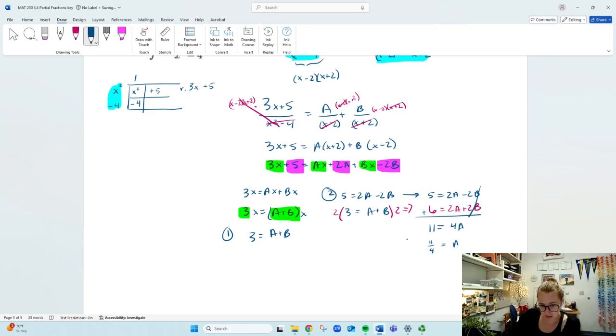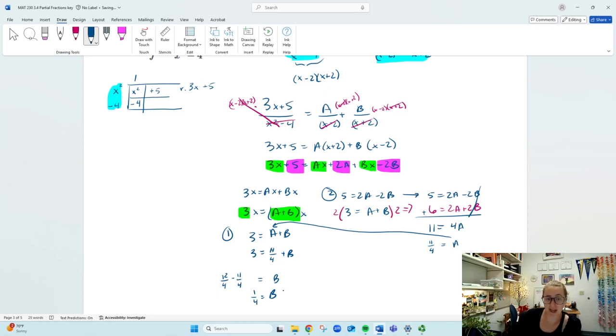Now I can re-plug that into any equation, but I'm just going to plug it into my first equation over here, 11/4 for my A. If I subtract 11/4 from 3, I will get that B is equal to 1/4, because 3 is the same thing as 12/4. So I'll have 12/4 minus 11/4, which will be equal to 1/4. My B will be 1/4.